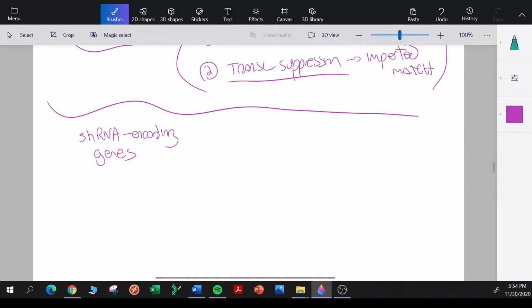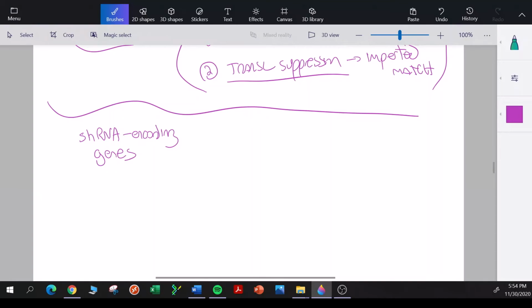The reason I want to talk about this is that in an upcoming lecture, we're going to see a research article where researchers use short hairpin RNA encoding genes as part of the research they are performing.